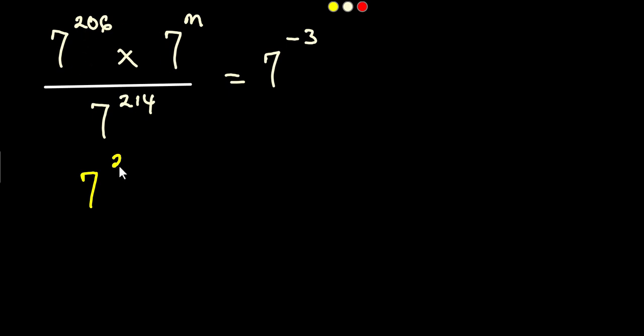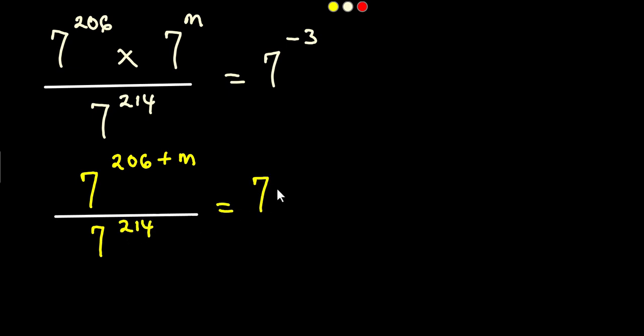So that's going to be 206 plus m, and of course you will divide this by 7 to the power 214, and that's going to be equal to 7 to the power of minus 3.